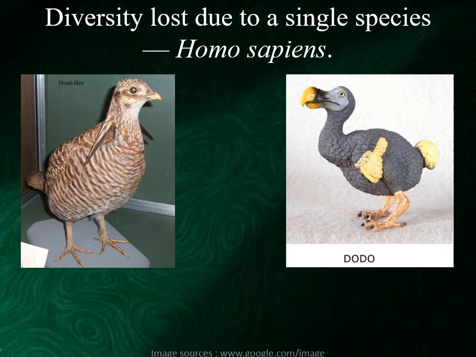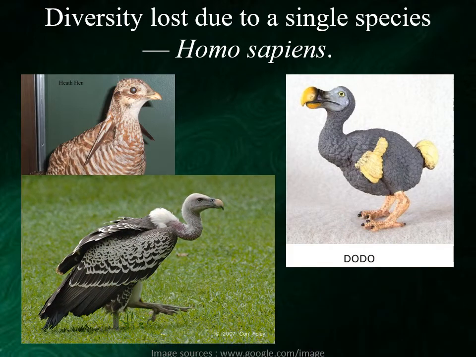This is another bird that went extinct from the earth. Dutch people noticed this bird in the Mauritius Islands in 1598, and its story ended in 1681, so it took only about 80 years.